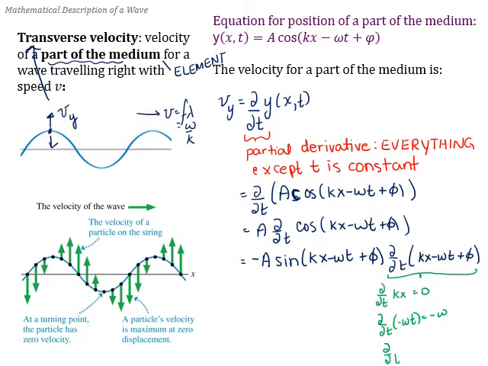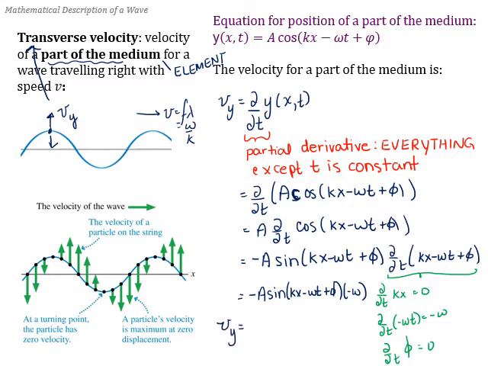And the derivative with respect to t of the phase constant phi is 0. So this whole expression just has a derivative of minus omega. Let's fill that part in. So I've got minus A times sine, I'll write small so I can fit it all in, of kx minus omega t plus phi, times minus omega. Okay, put it all together in one line.